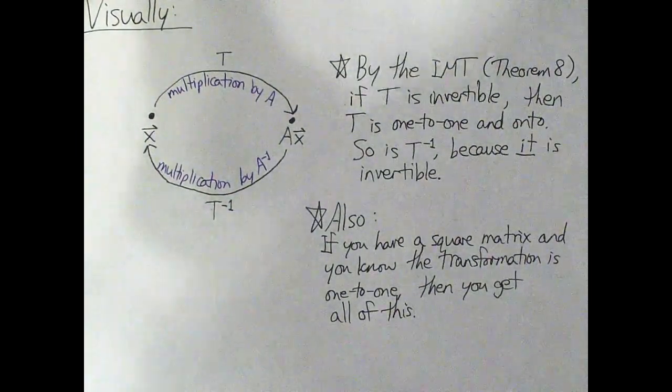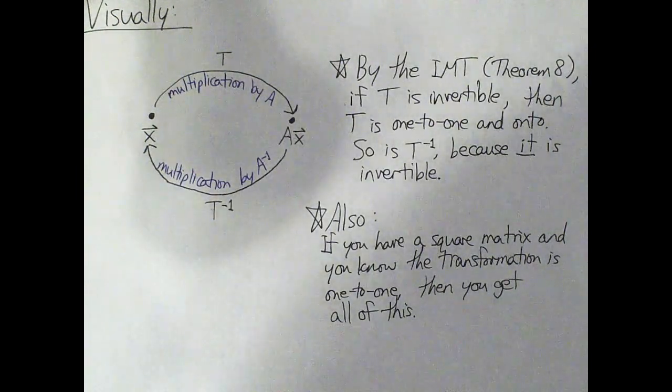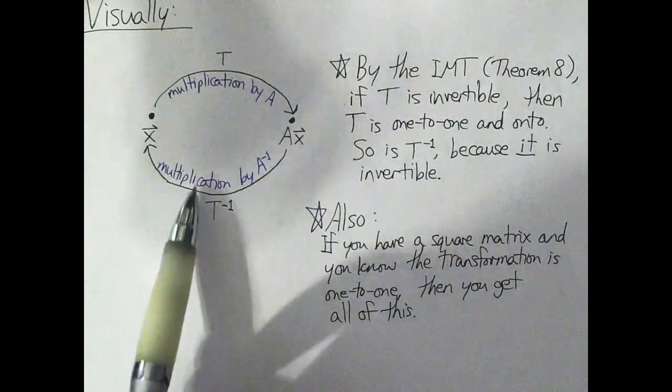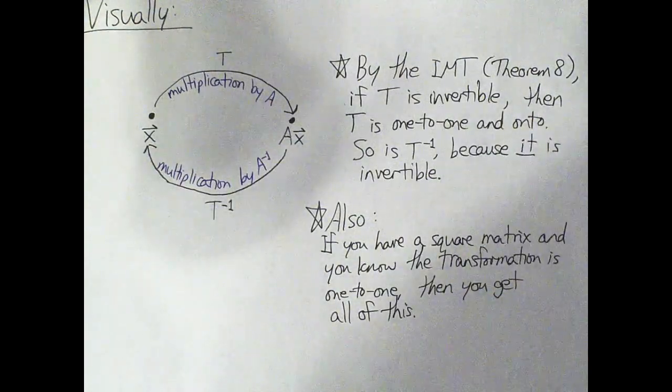I have a square matrix A and the linear transformation defined by it, Ax, is 1-to-1, then I automatically know it's also onto. I know that the linear transformation is invertible. I know that T inverse exists. I know T inverse is also 1-to-1 and onto. I know that there are n pivot positions. I know all of the things from the IMT.